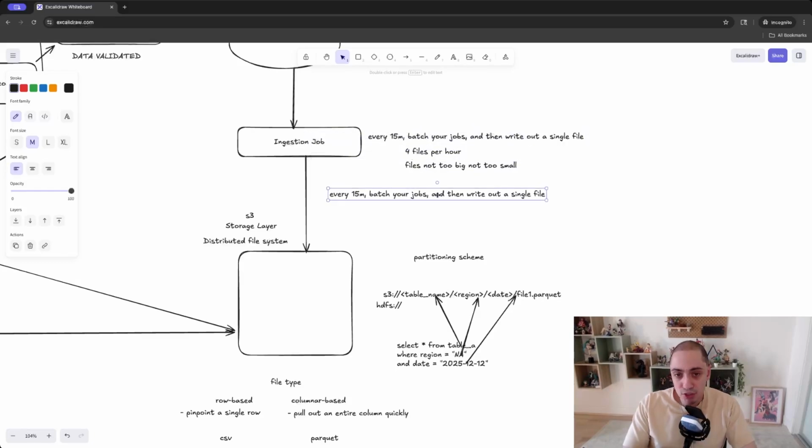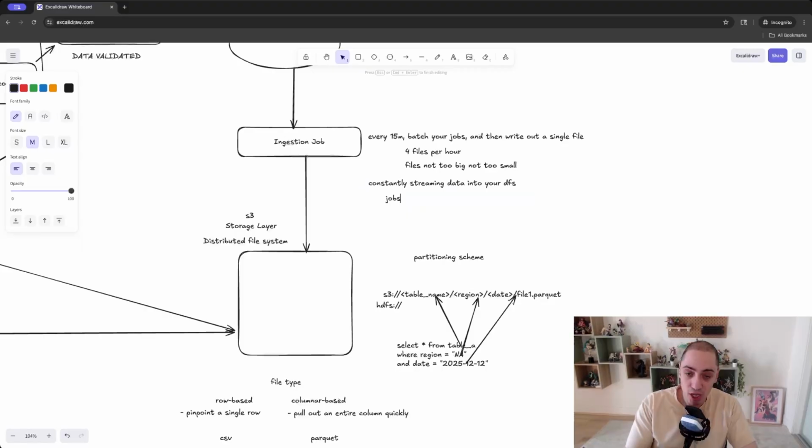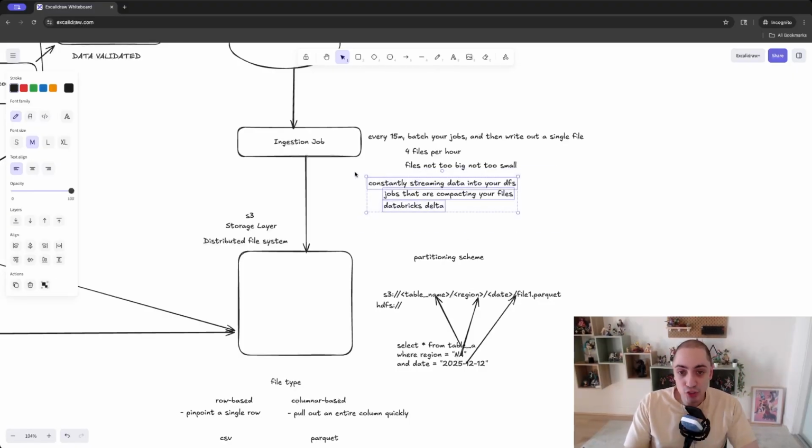There are other architectures that are more common nowadays, where you're constantly streaming data into your distributed file system, and then there are jobs that are compacting your files. Databricks' Delta does this, but I'm sure there are plenty of other examples out there with this kind of structure.